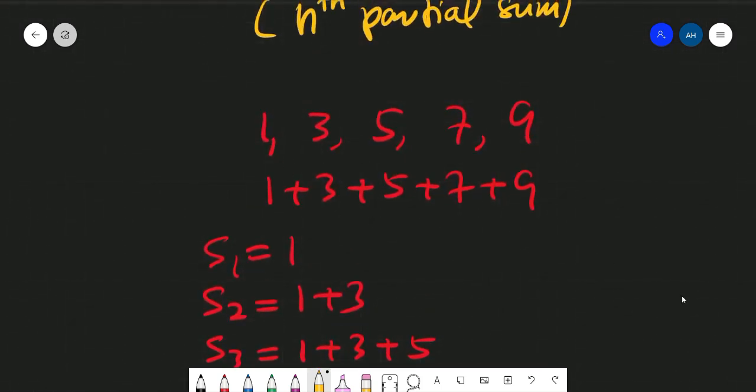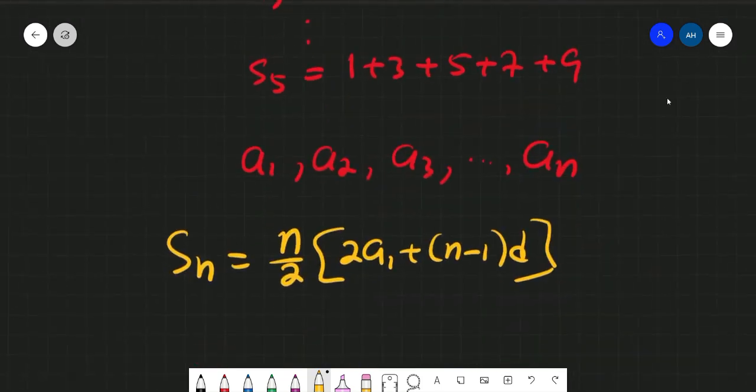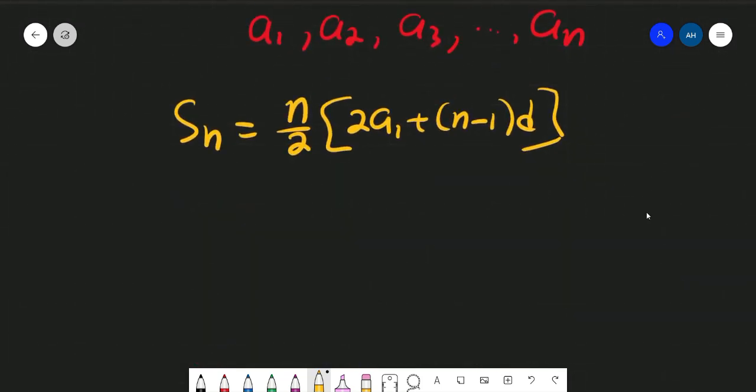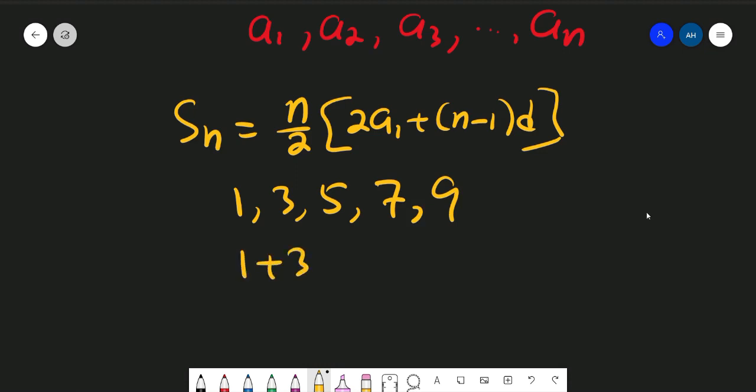For example, like in our example here, 1, 3, 5, 7, and 9. Maybe we can use that example again. When we want to write it in terms of series, we have 1 plus 3 plus 5 plus 7 plus 9.